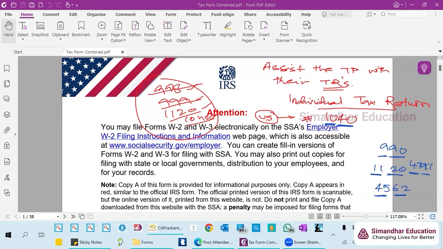That is how you spell out the form numbers: 990, 1120, 4797, 4562, 1040.